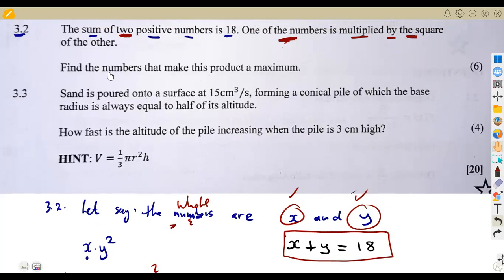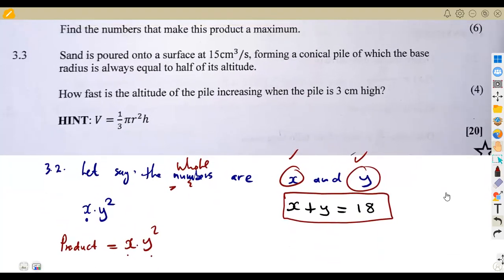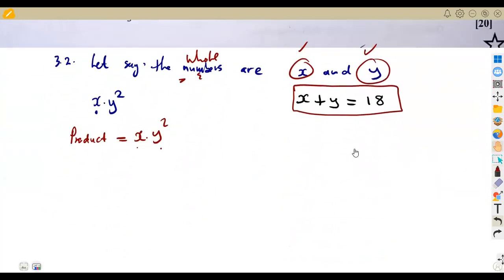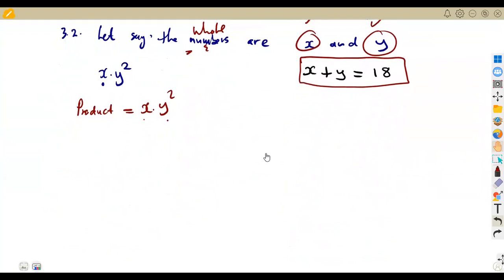Now they want us to find the numbers that make this product a maximum. The word maximum is the one we are working with. We know that for a condition to be a maximum, the first derivative of that function must be equal to 0. Which function are we talking about? The product.